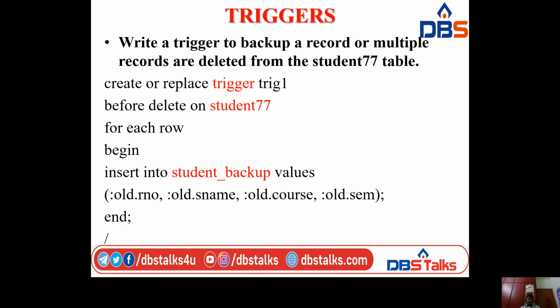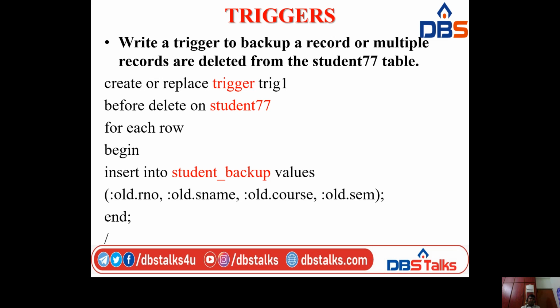Based on the table, we are creating one trigger here. Write a trigger to back up a record or multiple records that are added or deleted from the student77 table. Create or replace trigger trigger1 before delete on student77. If you are performing a deletion, we are going to perform some triggering event.